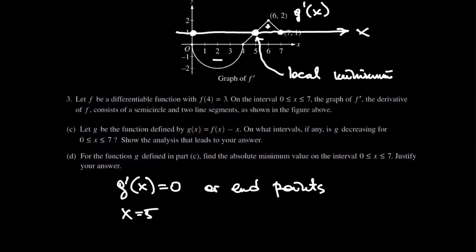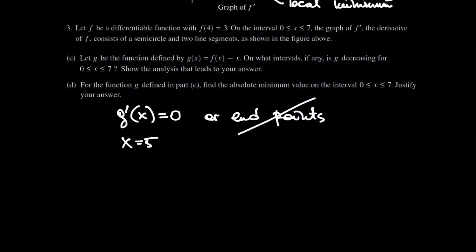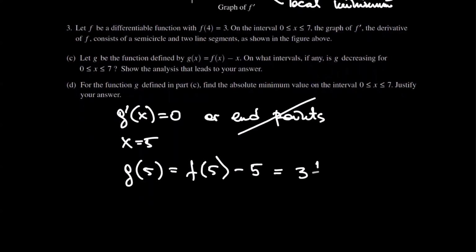So we actually don't need to check the endpoints, because they will be greater than the value at 5. And so we need to calculate g of 5. g of 5 is equal to f of 5 minus 5. f of 5 we calculated in part A, so this is equal to 3 and 1/2 minus 5, which is equal to negative 1 and 1/2.